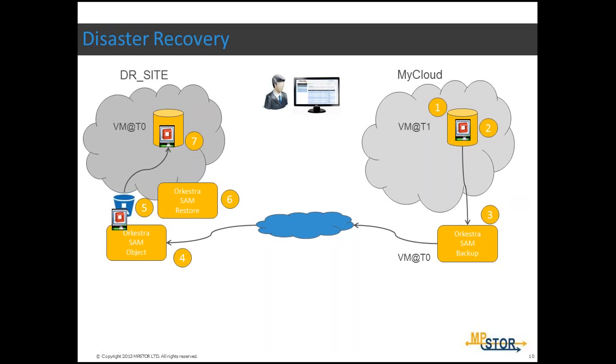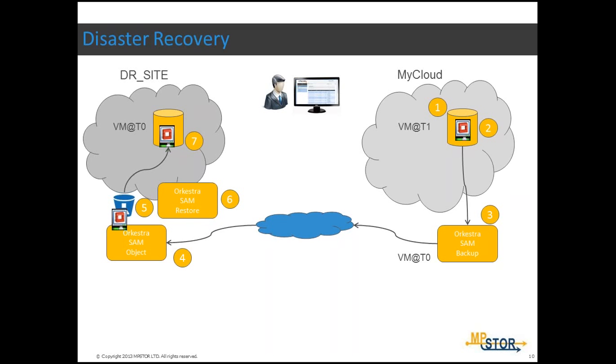Now, it does not matter whether you're using an Orkestra SAM as the way to implement the object store. This could quite easily be an Amazon AWS system here. We're not going to do that today. We're just going to use Orkestra Swift Object Store.